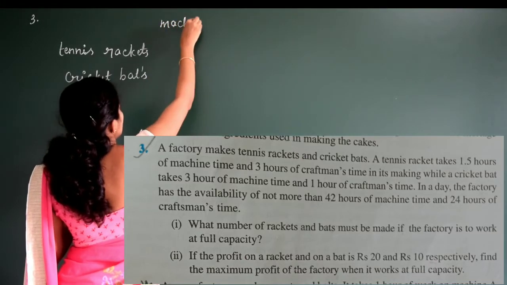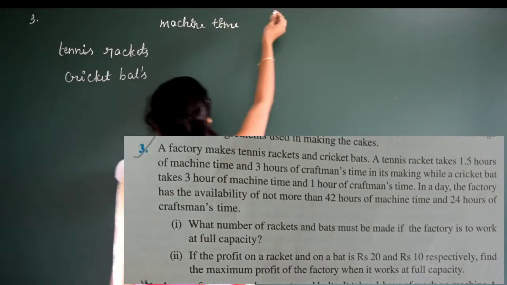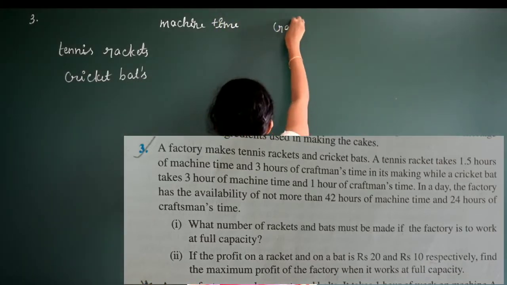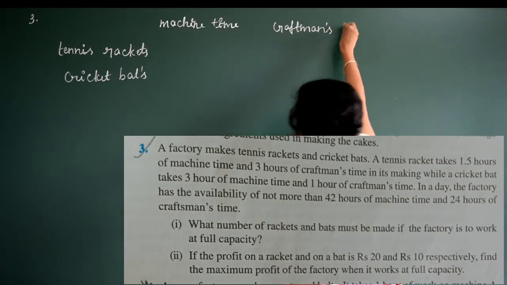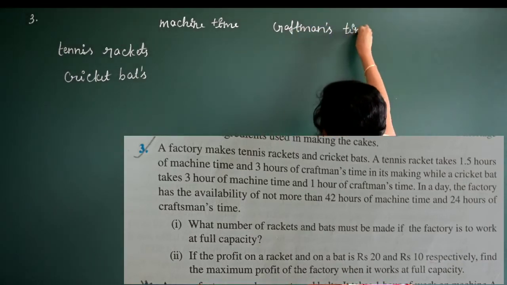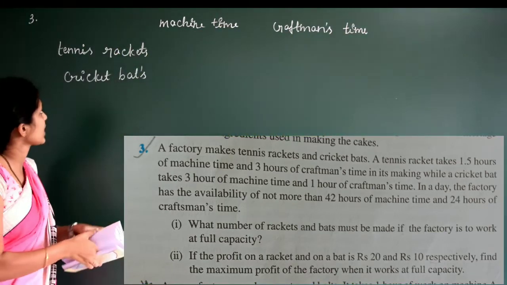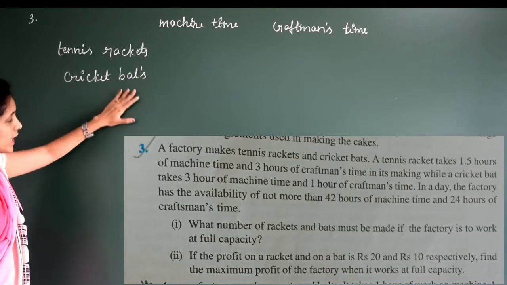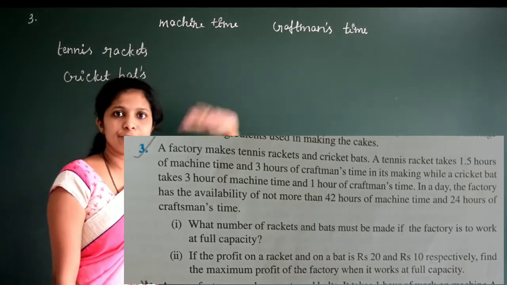Is it clear? I hope you are getting this. The factory is making two types, tennis rackets and cricket bats. To make these two things, they need machine time and craftsman time.